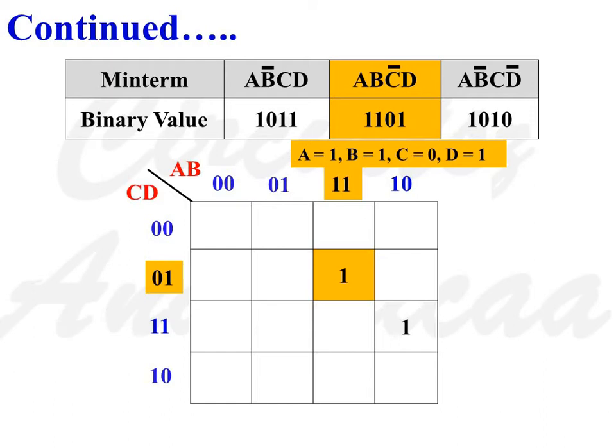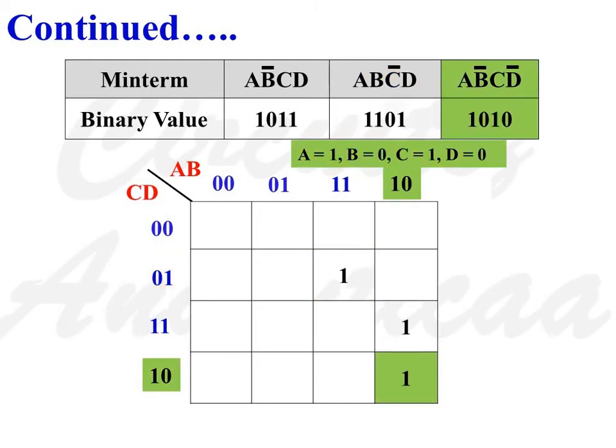As C is in complemented form, put logic 0 for the corresponding variable. So the binary value of the minterm A B C bar D is 1 1 0 1. This means that A is equal to 1, B is equal to 1, C is equal to 0 and D is equal to 1. Locate the cell whose binary value is 1 1 0 1. Fill that cell with logic 1.